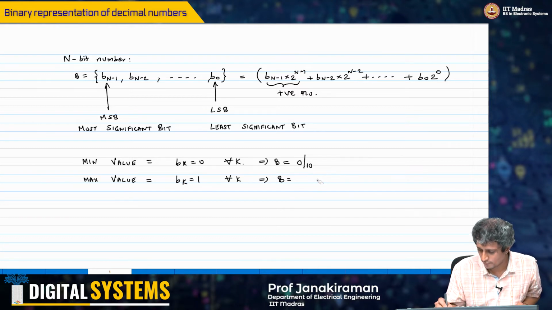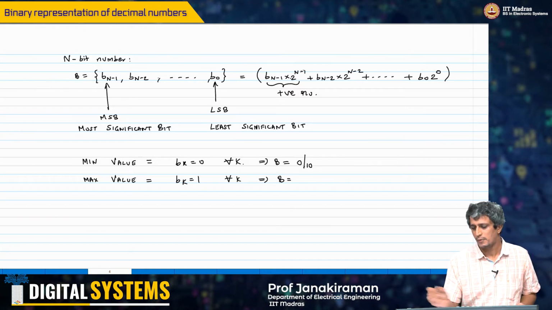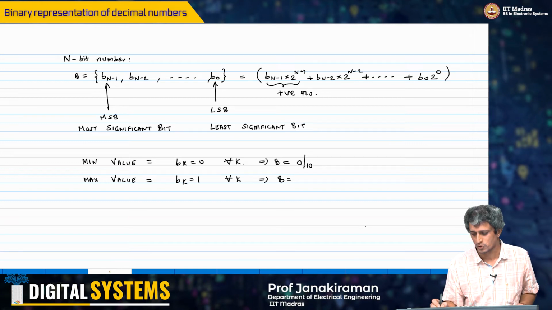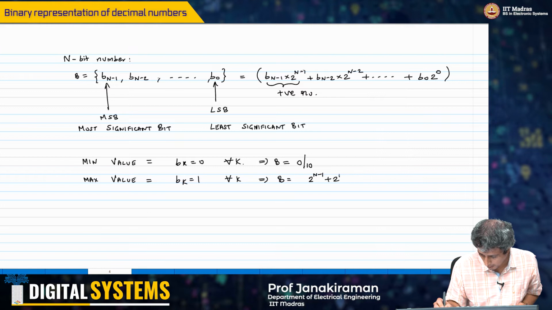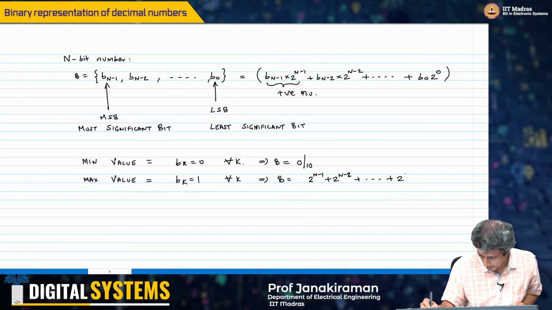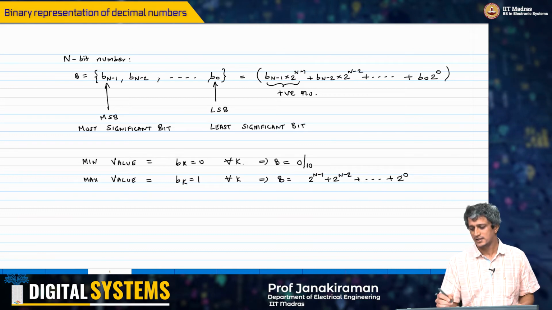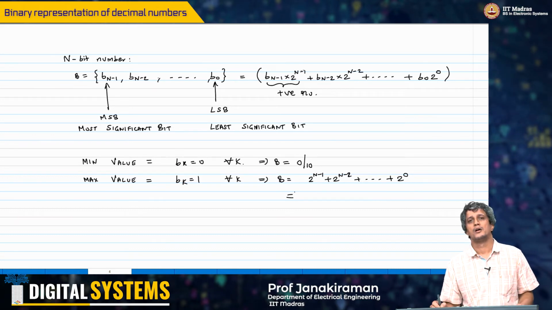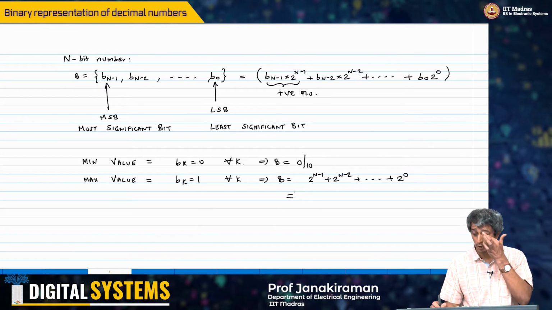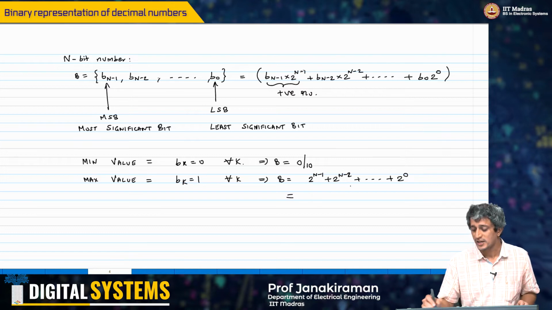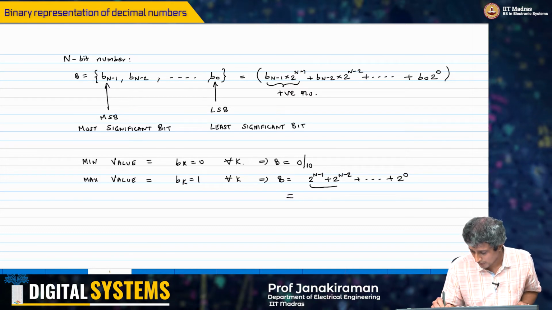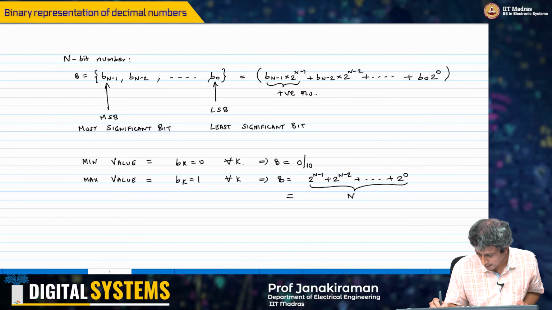If you write out this expansion with all b0 to bn minus 1 as 1, this will be 2 power n minus 1 plus 2 power n minus 2 plus all the way to 2 power 0. This is a geometric progression with the first term being 1 and the common ratio r being 2. Therefore, you can write this, and how many such terms do we have? We have n terms.